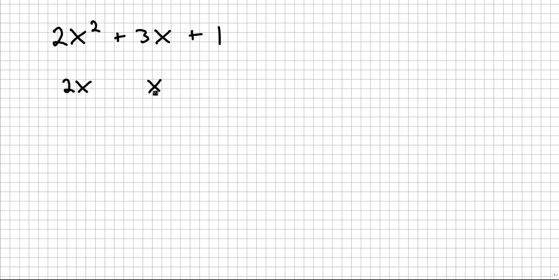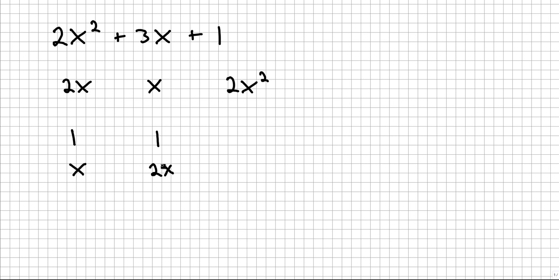So 2x times x will be 2x squared, so this one is okay. Now factors of 1, well, 1 and 1. So 2x times 1 is 2x, and x times 1 is x.